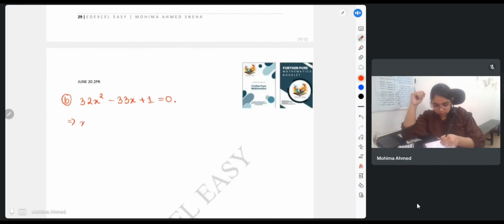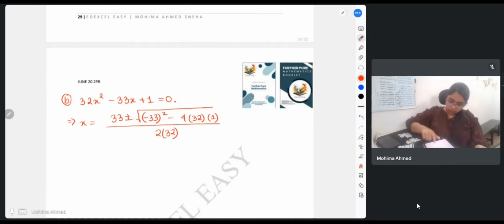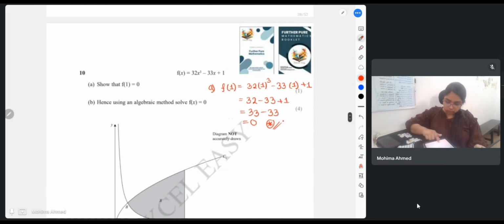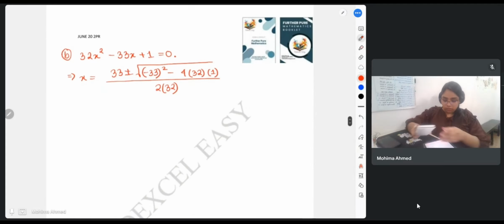The value for x in that case would be 33 plus or minus the root of 33 squared minus 4 times 32 times 1, divided by 2 times 32.